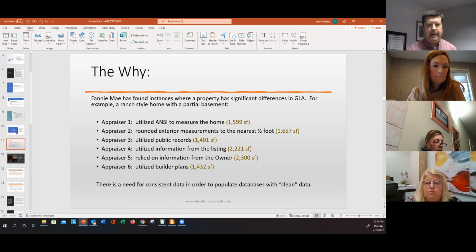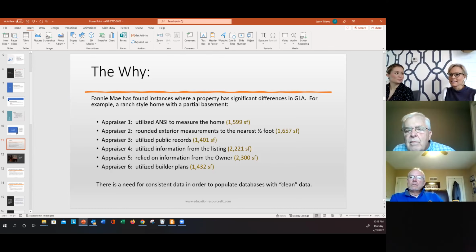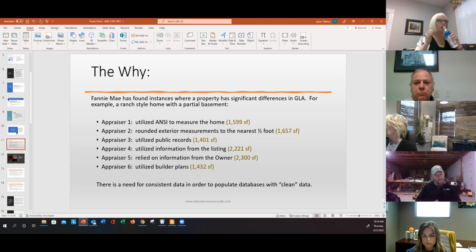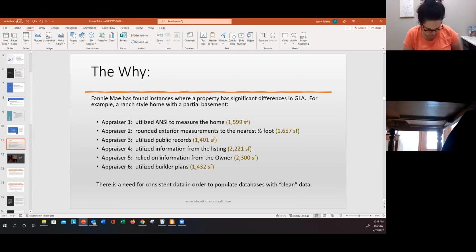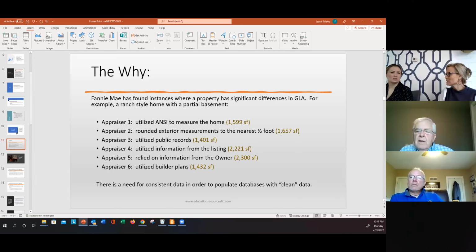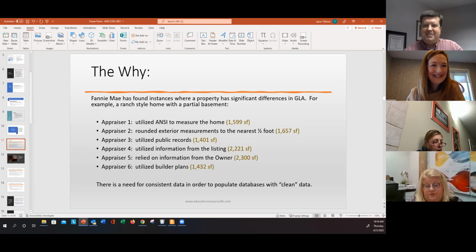As far as USPAP was concerned, the appraiser just simply had to know where they got the information. I'm thinking of the house I looked at yesterday. I don't know if you guys have ever looked at a house that is in the shape of an arrow. It literally is in the shape of an arrow, and there are 3 separate buildings with little breezeways connecting it. And it was not fun measuring that yesterday.